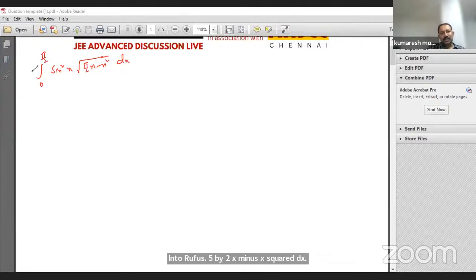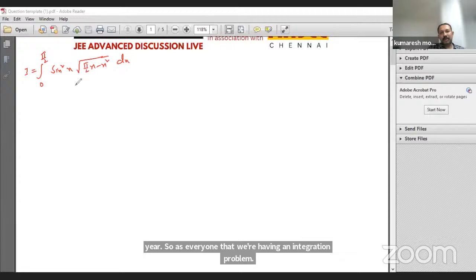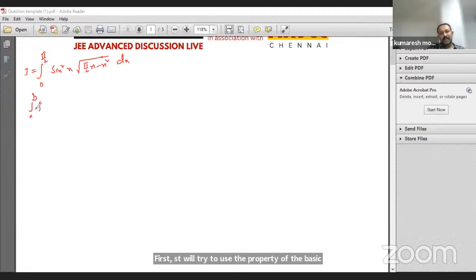As everyone knows, when we have an integration problem, first we try to use the basic property: integral from a to b of f(x) dx equals integral from a to b of f(a plus b minus x) dx. So always we try to solve the problem using this property first. Here also we are using the first property.